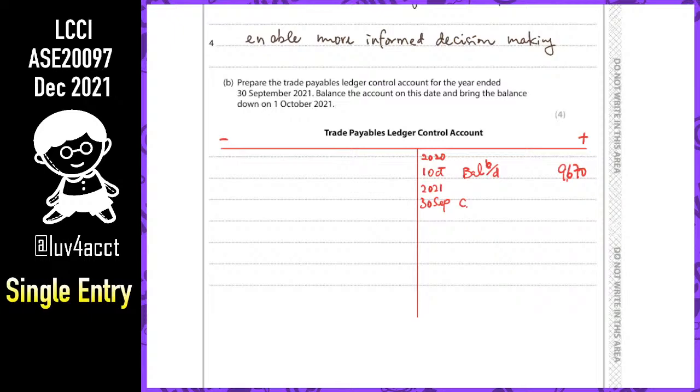So here you will have purchases, and it is credit purchases. And then on the other side, 30th September, you will have bank. These are the payments that you make. Credit bank, debit trade payables ledger control.